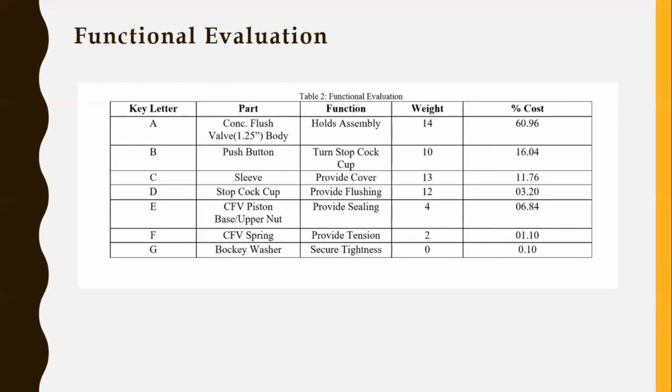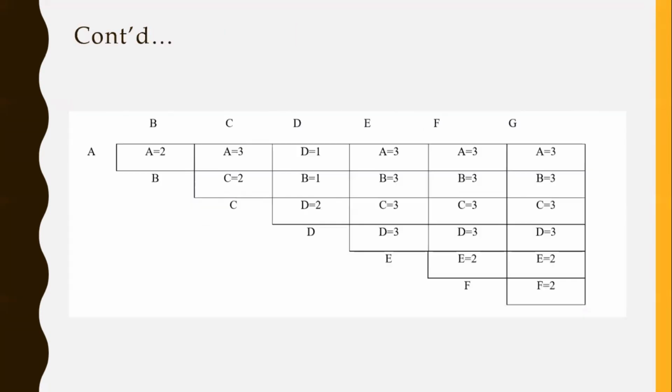And for that, we go for a numerical evaluation sheet. In order to understand the importance of each sub-function, we can go for a weighted scoring matrix, okay? In terms of the cost, that we can easily get. So this is the weighted scoring.